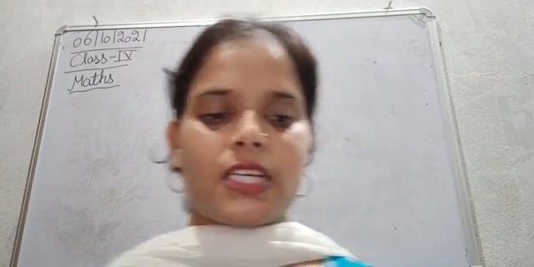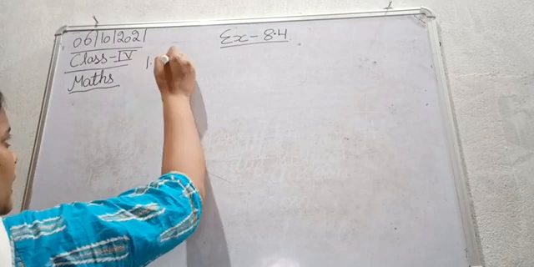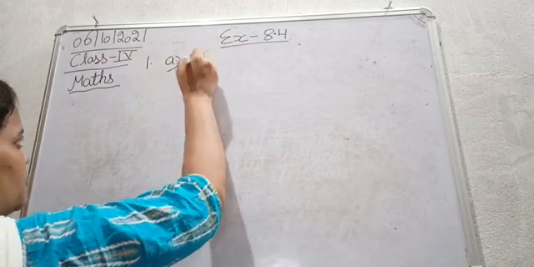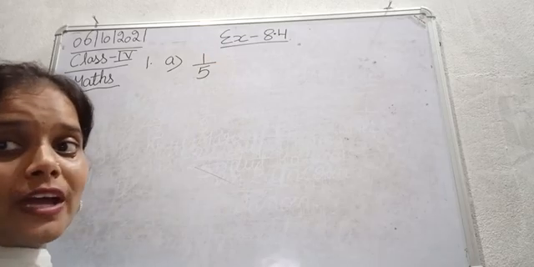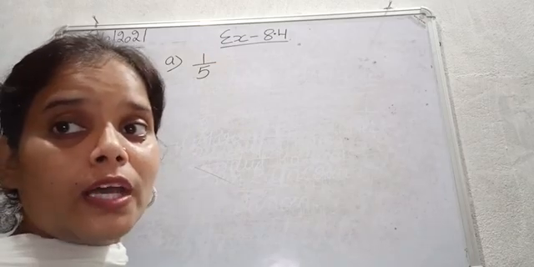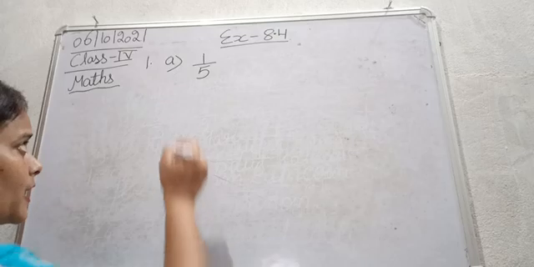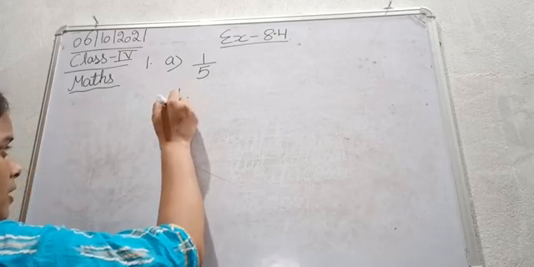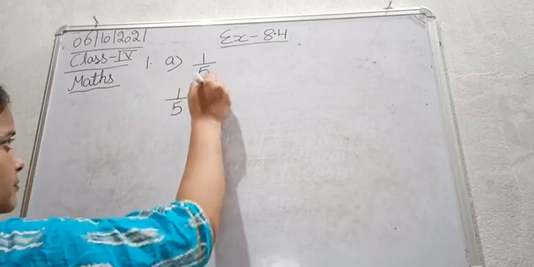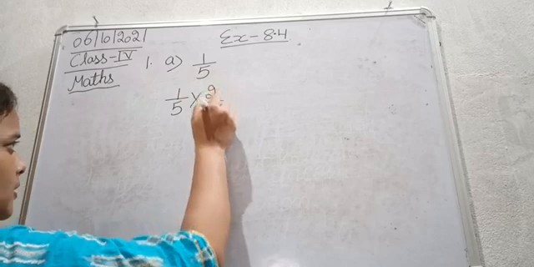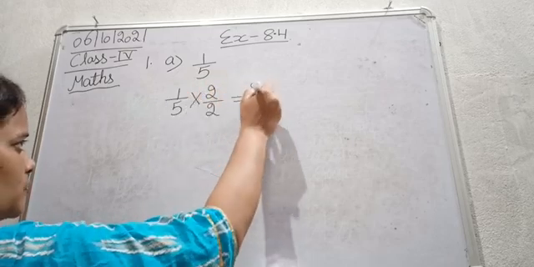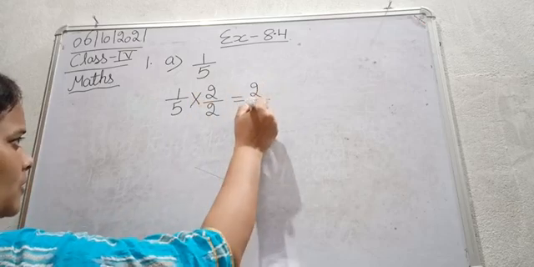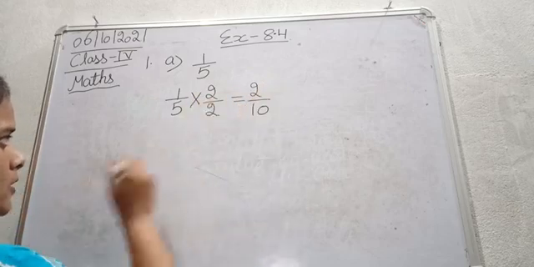So the A part is 1/5. So we have to find 3 equivalent fractions to 1/5. So let's multiply 1/5 with 2. 1 2s are 2, 5 2s are 10.